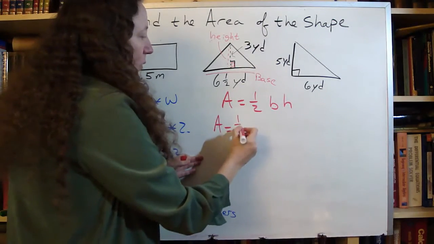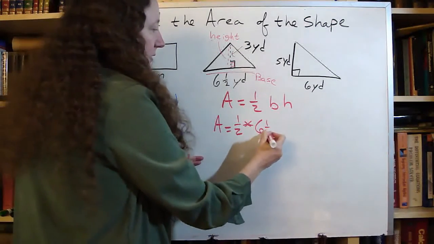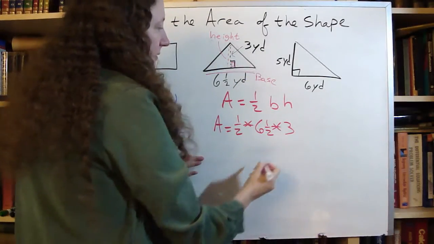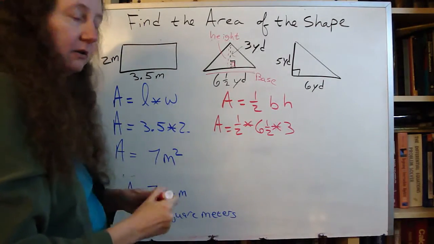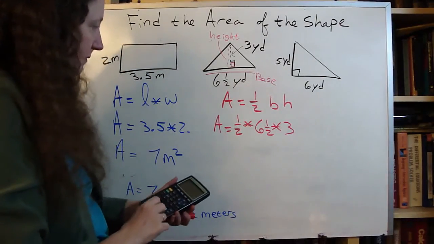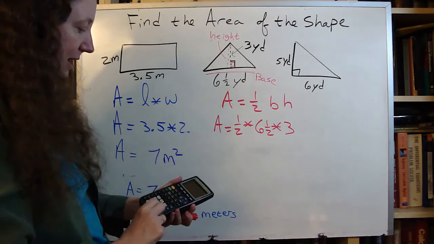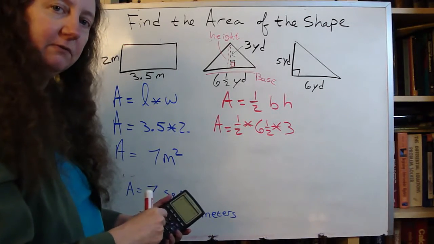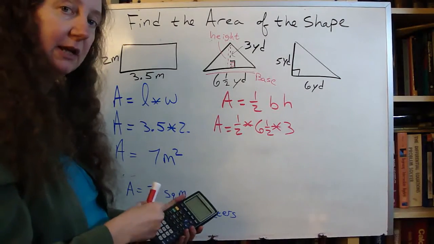Area is 1/2 times the base, 6.5, times the height, 3. I'm going to grab my calculator and type that in. One-half times 6.5 times 3 equals. I type these in as decimals because I can do that on this calculator much more easily than I can type it in as a fraction.